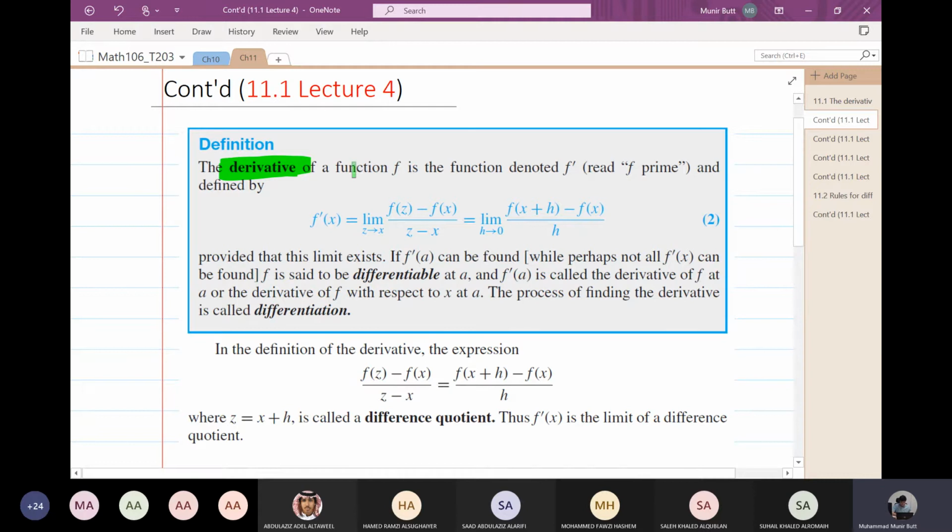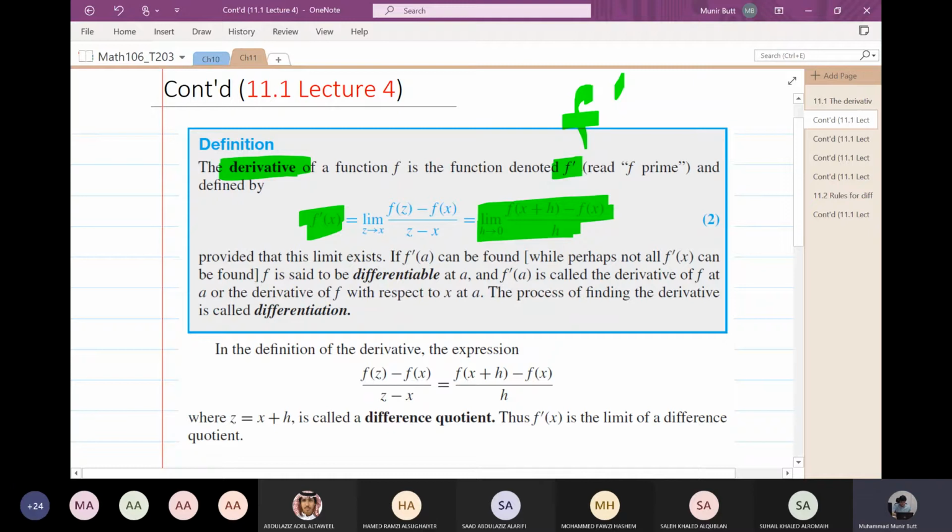A derivative of a function f is denoted by f prime, and f prime means the derivative is the same. So it means that actually the derivative is nothing but the slope of the tangent.